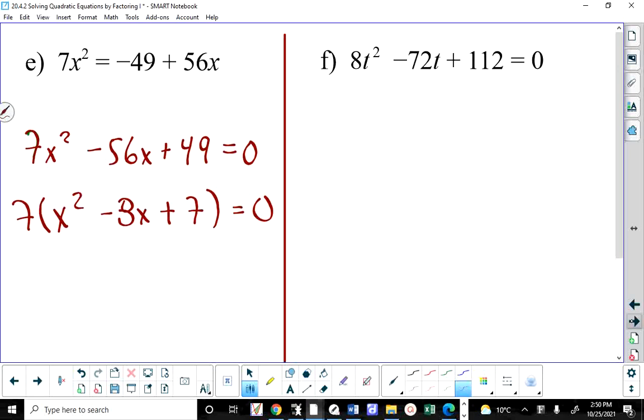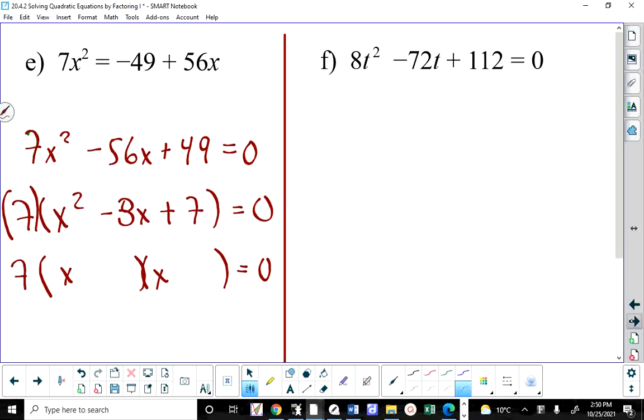Thomas, we could easily get rid of the 7. And if I were working on my own, I would. But it could cause confusion with other students later on. So just leave it. It doesn't do any harm. And carry that 7 all the way through this quadratic factor. So we have 7 as a factor, and then we have the quadratic factor, which is now in a position to be factored because it's 1x squared.